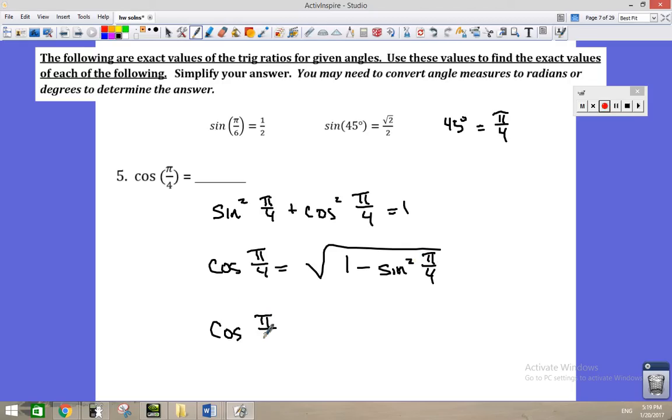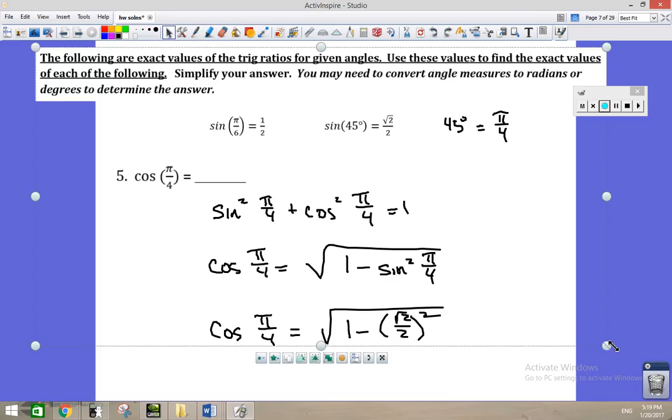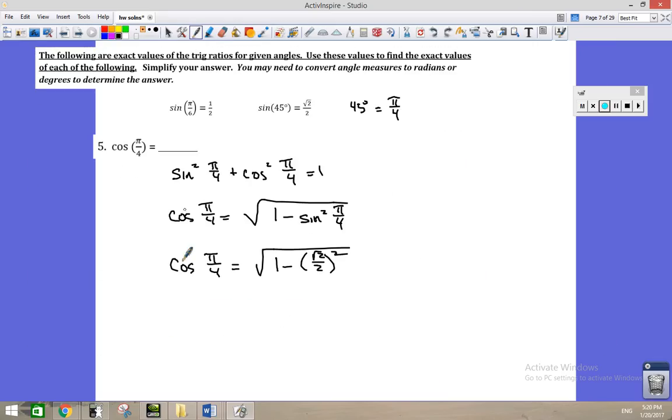And you can see that we're going to get that same thing, because the sine of pi over 4 is the same as sine of 45. So this is radical 2 over 2, but that's being squared. When you square a radical, the radical goes away. So this cosine of pi over 4 is equal to the square root of 1 minus, the radical goes away, and I've got 2 over 2 squared, which is 4. 2 over 4 reduces to 1/2, and 1 minus 1/2 is 1/2.